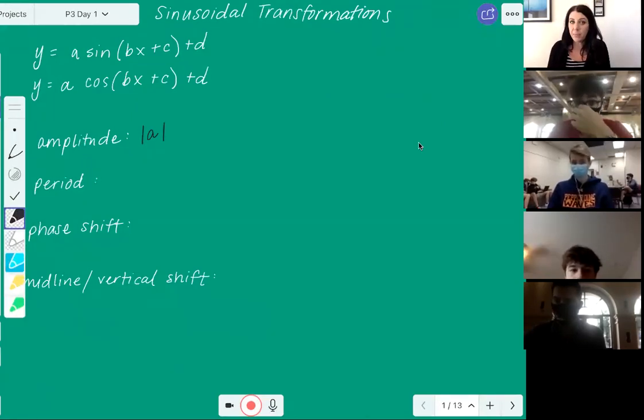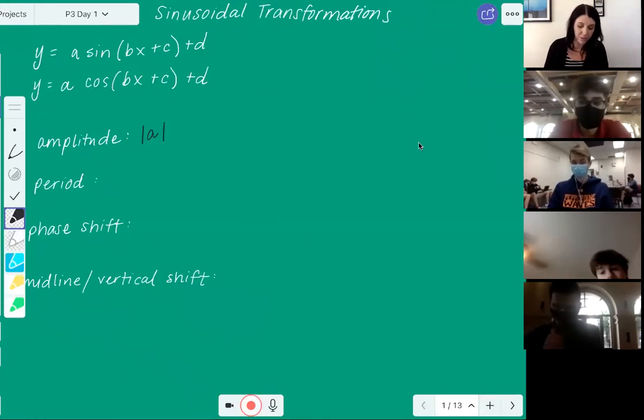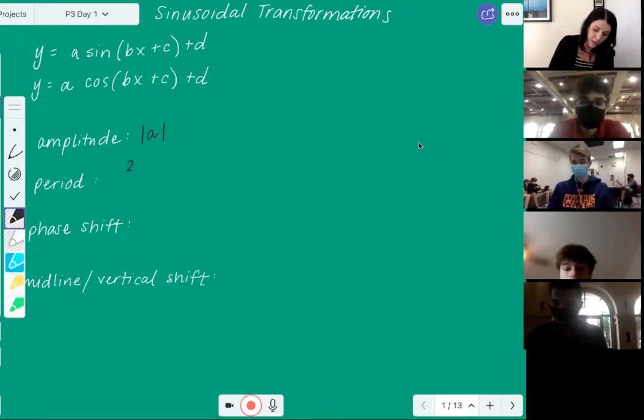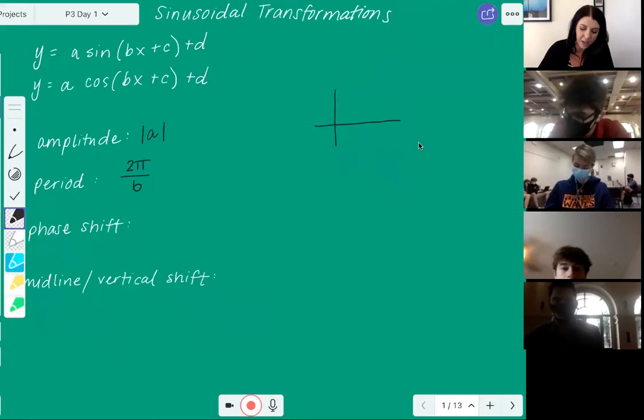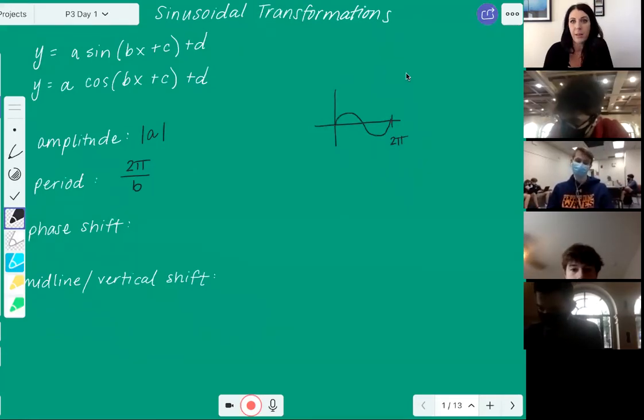The period for sine and cosine, it's not this for every single function, but the period for sine and cosine is 2 pi divided by b. The normal period, so the normal time it takes to get through an entire cycle of all of those values, is normally 2 pi.